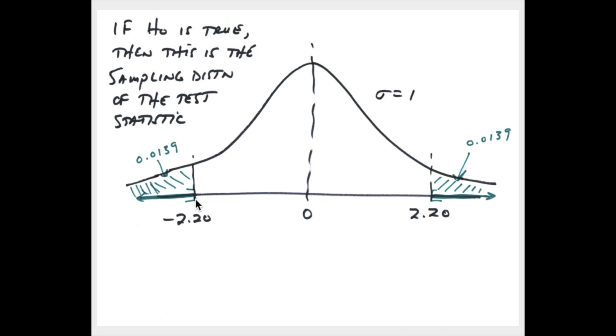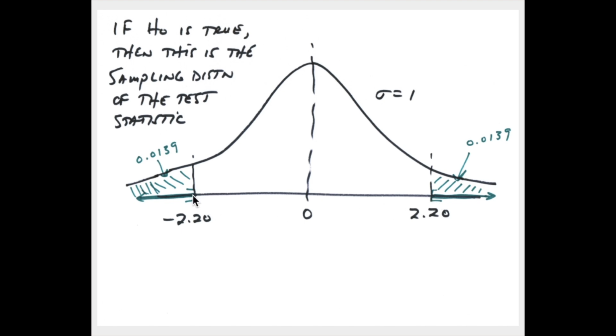Because we have a two-tailed test, because we're looking for values of the test statistic that are either a lot different from 0 in the negative direction or a lot different from 0 in the positive direction, we're going to take this distance, 2.2, and mark off that distance on the left side and also on the right side.